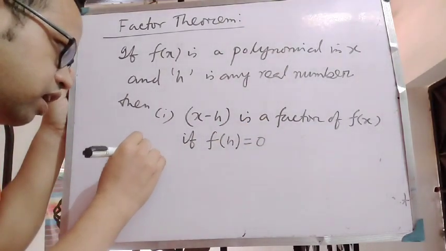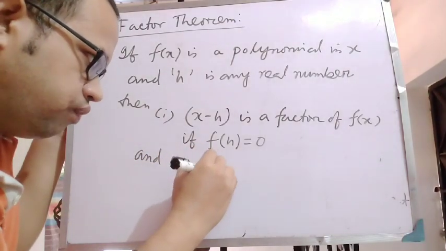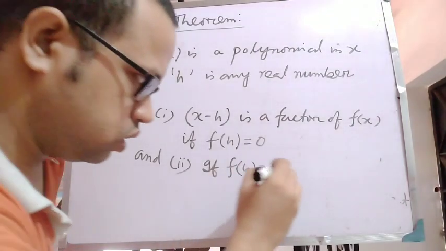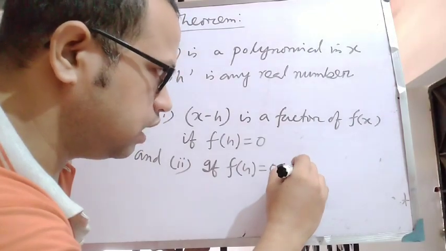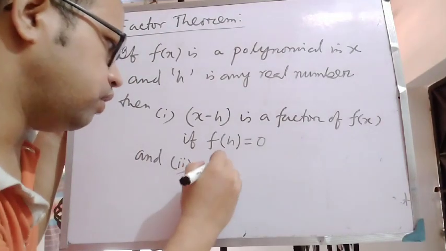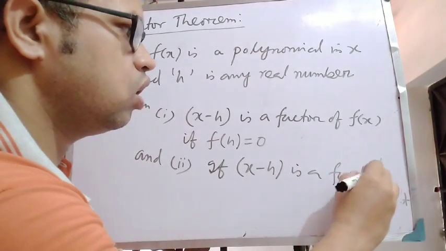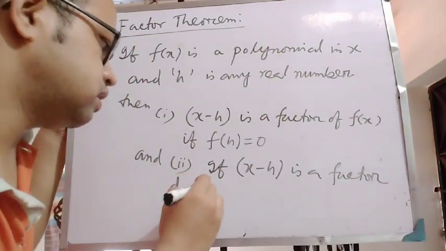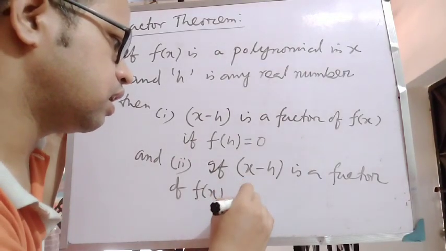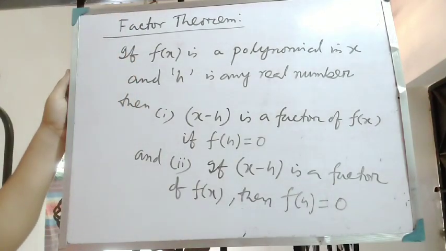The reverse statement is that if x minus h is a factor of f(x), then f(h) equals 0.